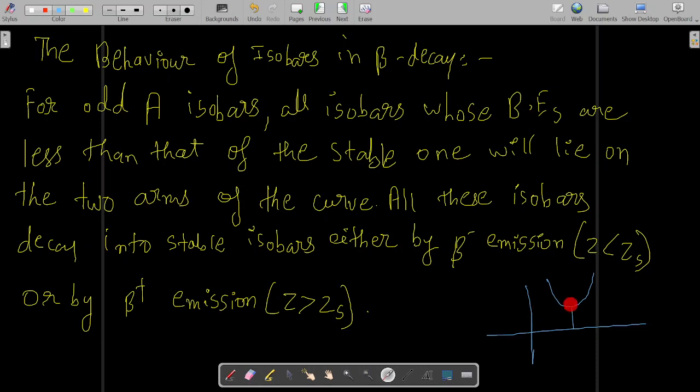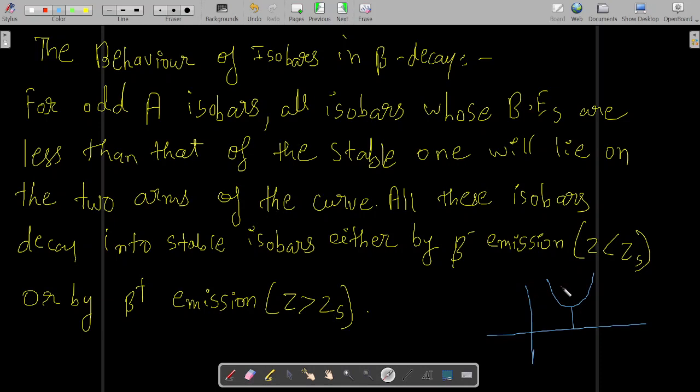This one is the most stable binding energy because mass is least. When you move on either side of the curve from this mean position, which is the ZS position, the mass increases on either side.